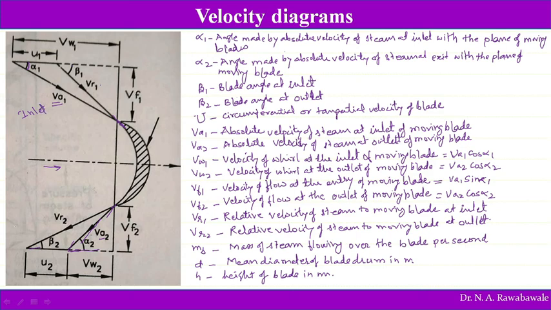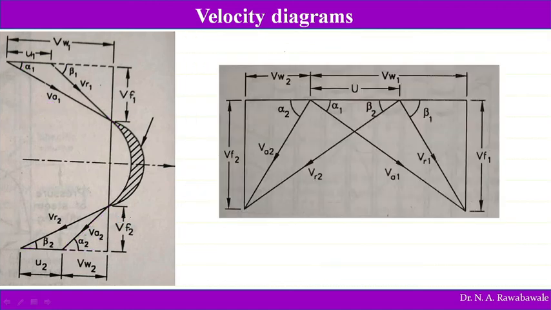and this is the velocity diagram at outlet. These two velocity diagrams are combined. Now you can see here, the velocity diagram at inlet has Va1 and alpha 1.